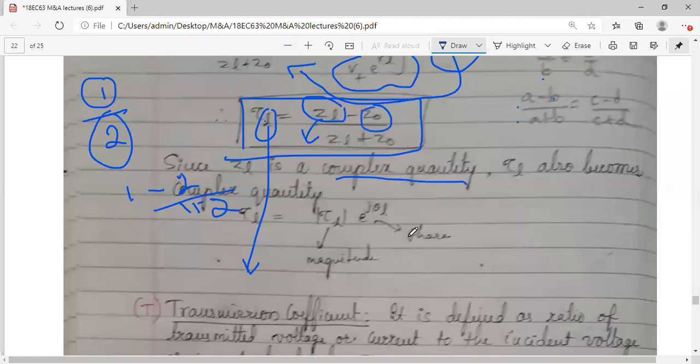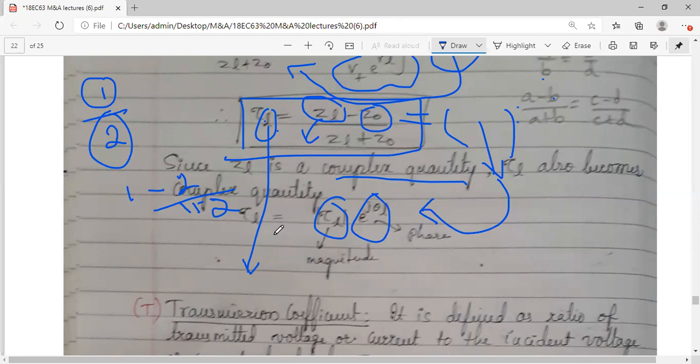It will have its own real part and imaginary part. Because of that, when you get tau L in rectangular form, you can convert that rectangular to polar form as magnitude and phase. You will understand this better when we solve the problems.